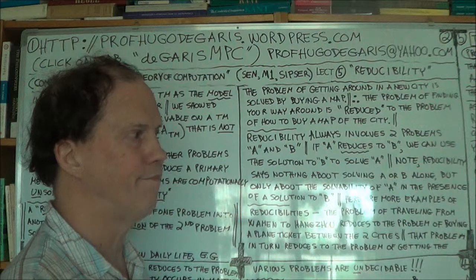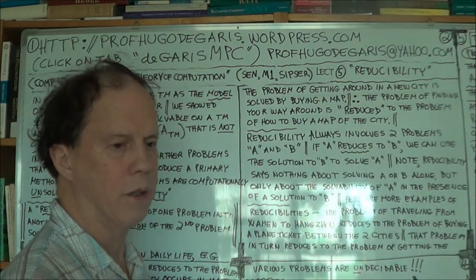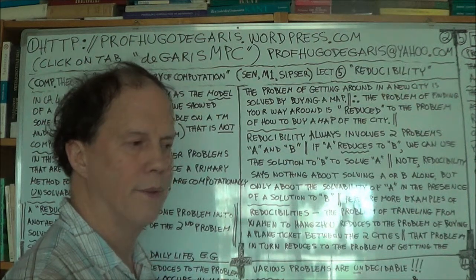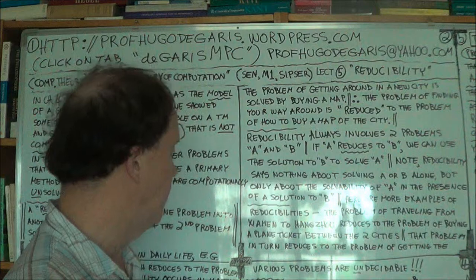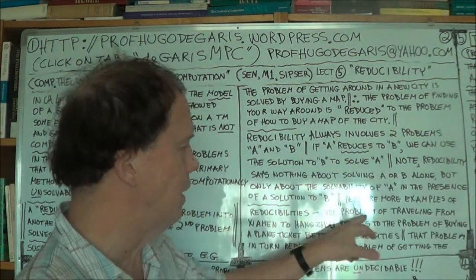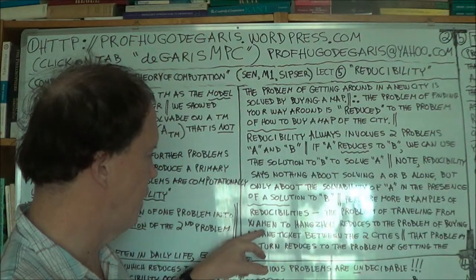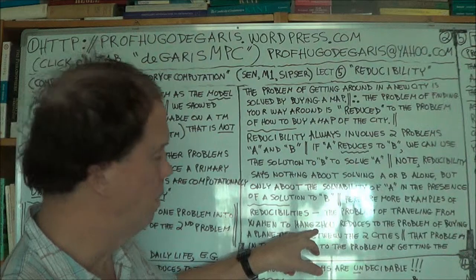It's about an overnight bus ride from Hong Kong, which is further south. So your problem A, let's say, is how to get from the city of Xiamen to the city of Hangzhou.